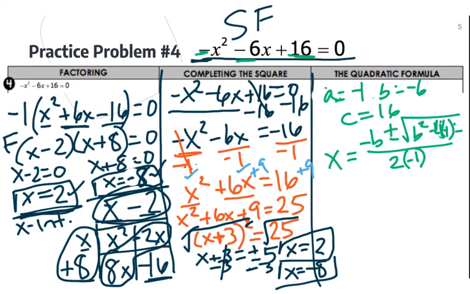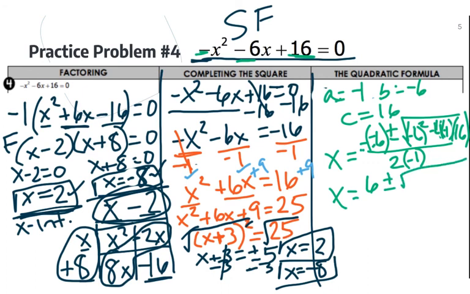And every time I see c, I'm going to replace that with 16. And every time I see b, I'm going to replace that with a -6. Remember, this is like the other example where it's a negative, so I have x equals +6 plus or minus.